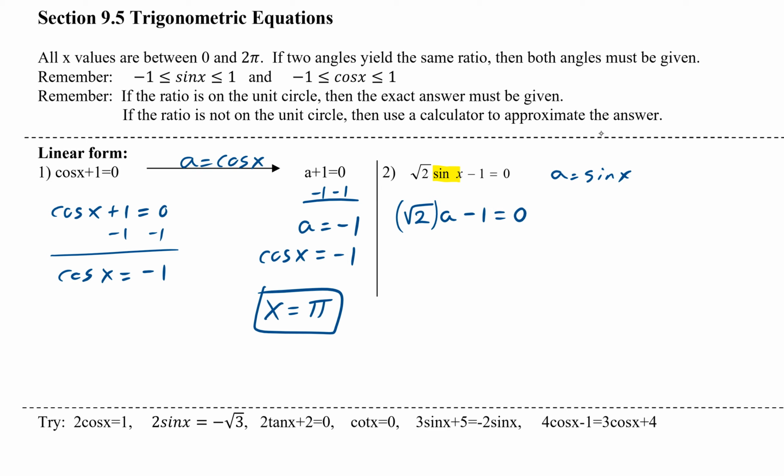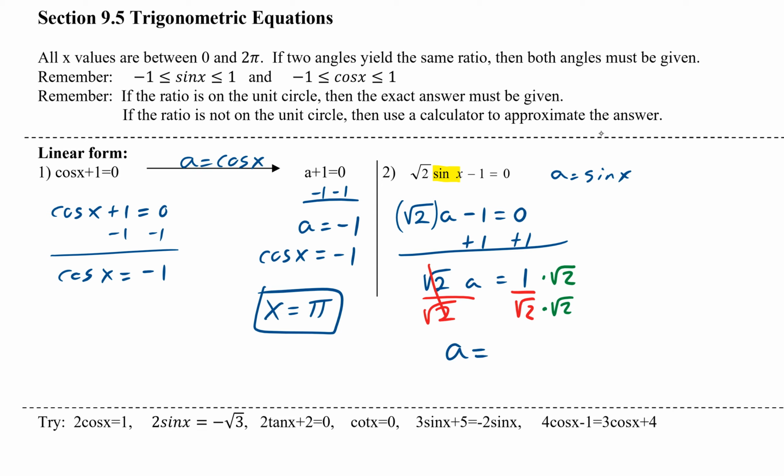This is just being multiplied, so we do our normal dividing, so we isolate or separate, and then we divide. Now, anytime you're dividing by 2, you want to make sure you rationalize so that it will match what we have. So this is square root of 2 over 2.